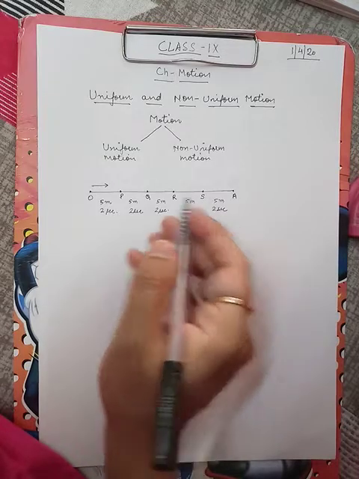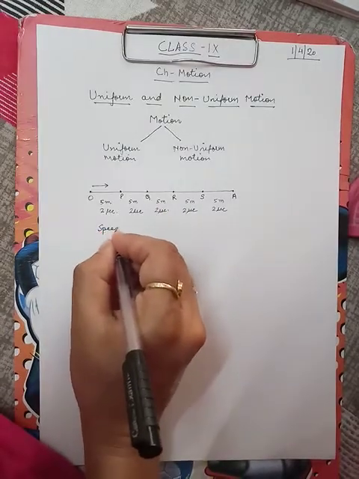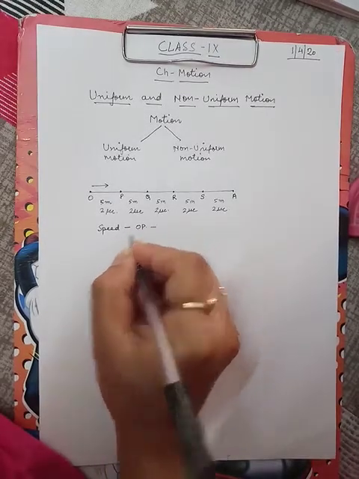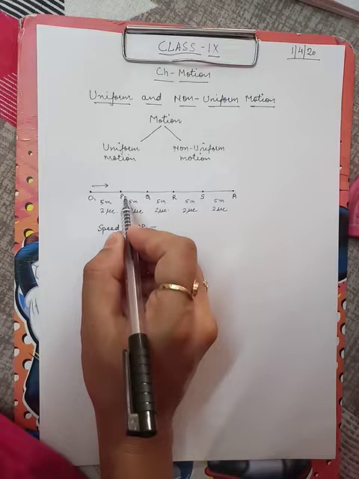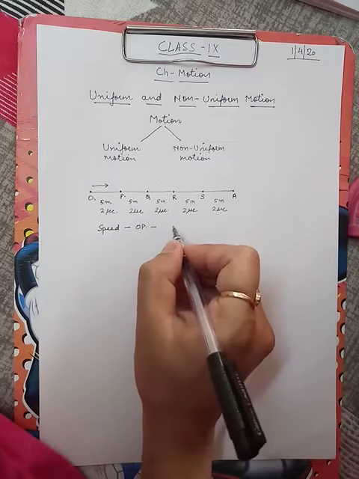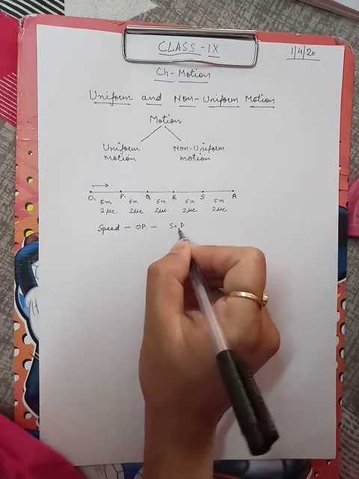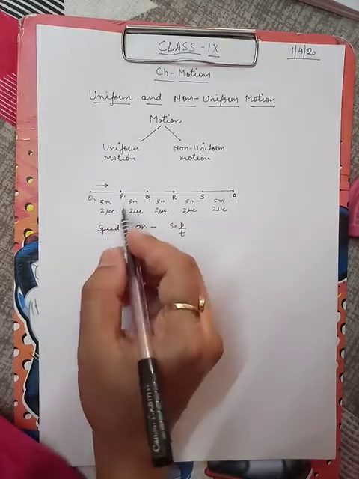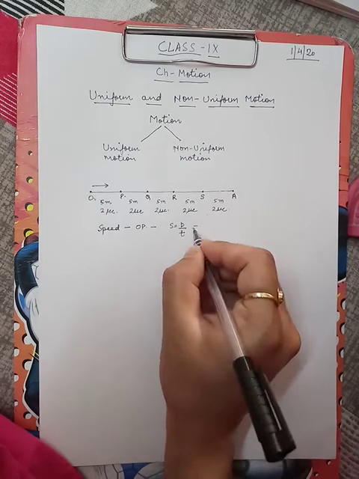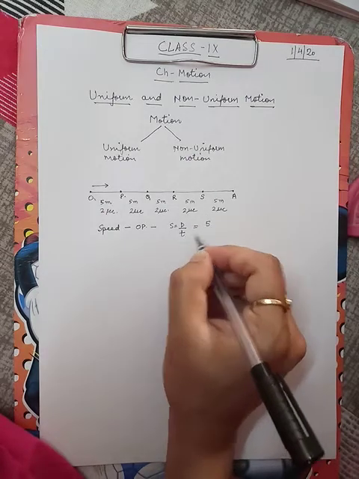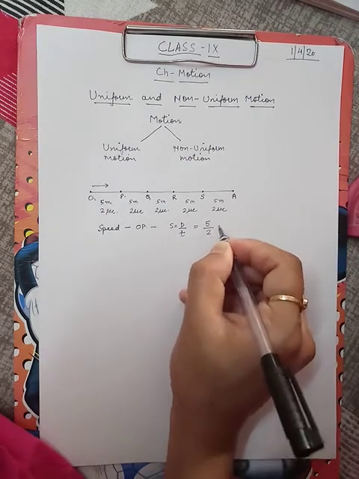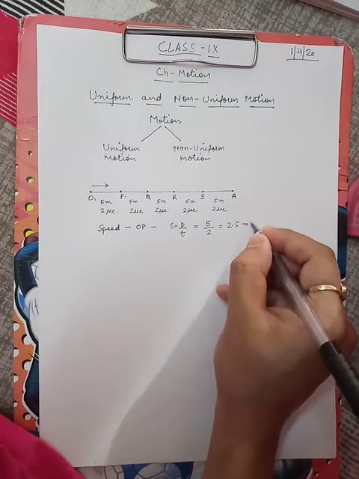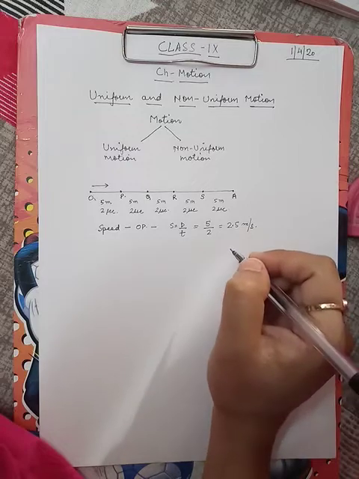In this case, what is the speed from O to P? From covering distance O to P, what is the speed of the object? Speed is nothing but distance upon time, that we all know. So it is 5 meter divided by 2 seconds, that means 2.5 meter per second, that is the speed.